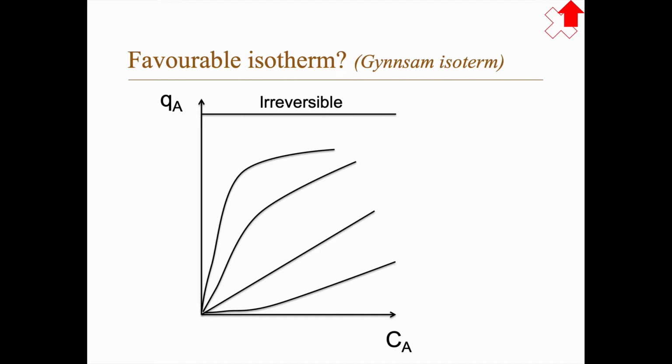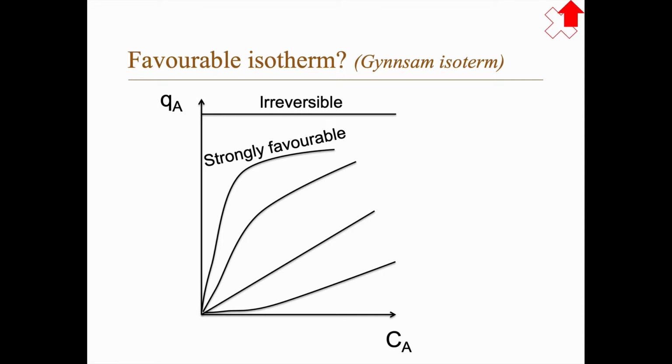Okay, but we're interested in what a favorable isotherm is when we have the relation between the concentration and Q. So we're not really interested in this one here. So if the isotherm is such that you get high Q values for rather low concentrations, and then it levels off, then this is a favorable isotherm.